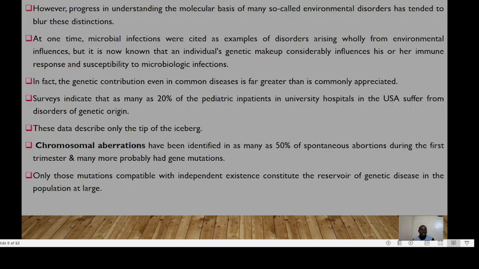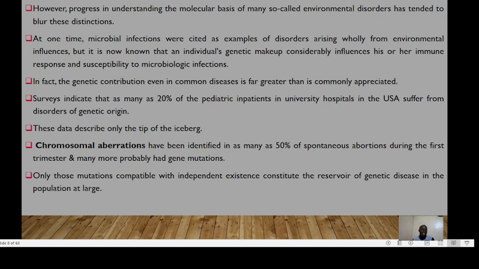However, progress in understanding the molecular basis of these many so-called environmental disorders tends to blur this distinction. At one point, microbial infections were cited as examples of disorders arising wholly from environmental influences. But it's now known that an individual's genetic makeup considerably influences his or her immune response and susceptibility to microbial infections.